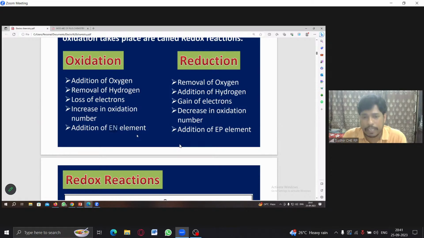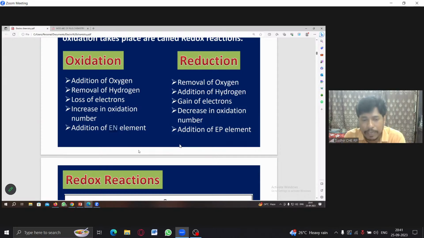If I take oxygen, it accepts 2 electrons and is converted into O-2. In the fundamentals we learned in lower classes, in the list of ions, O-2 is the oxide ion, or N-3 the nitride ion. Nitrogen gains 3 electrons and is converted into N-3.